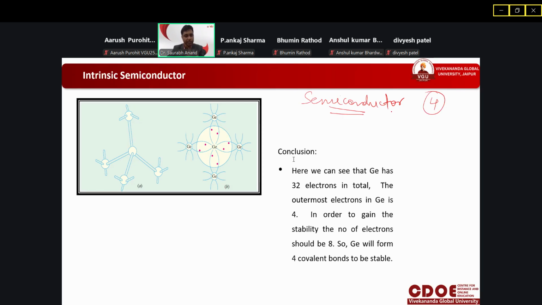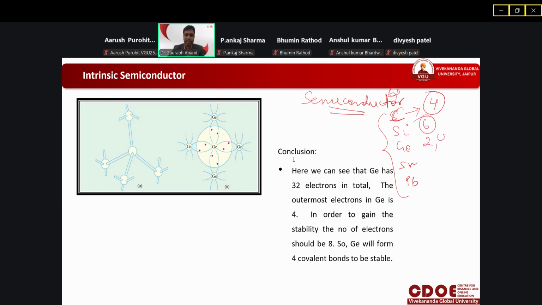So in the periodic table, there was group number four: carbon, silicon, germanium, and so on. So these were the materials in this line. In case of carbon, what was the atomic number? 6.